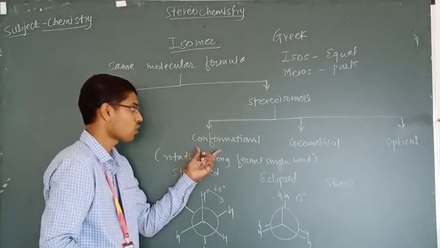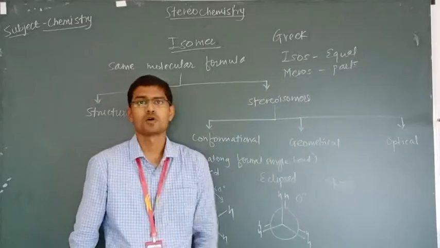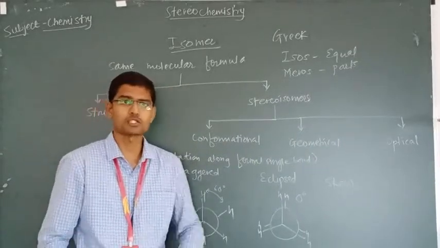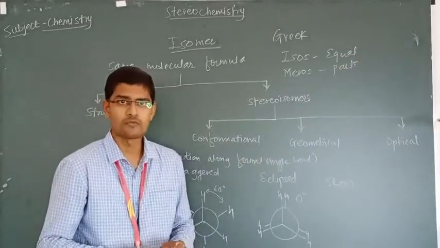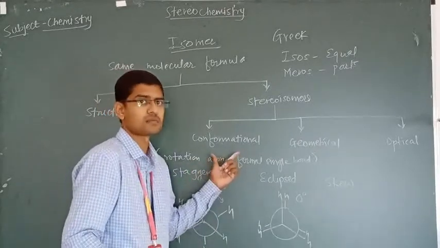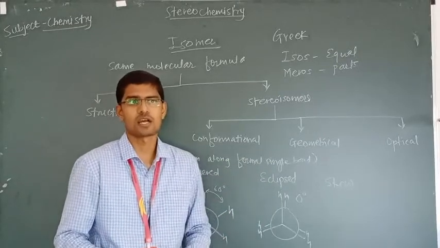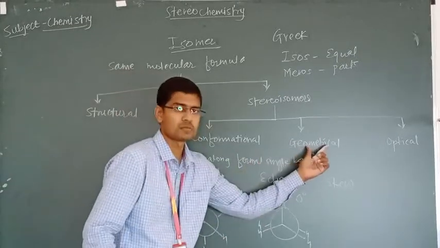Now let's move from conformational isomerism to geometrical isomerism. What are geometrical isomers? Isomers produced when there is restricted rotation along the carbon-carbon bond.